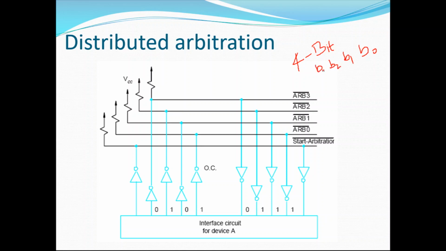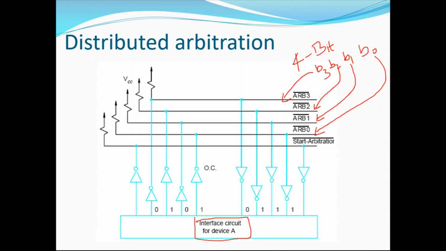Bit 3 will go to arbitration 3, bit 2 to arbitration 2, bit 1 to arbitration 1, and bit 0 to arbitration 0. If any device wants to use the bus, they will do this. So this is the circuit for device A. Like that, for every device there will be a circuit.